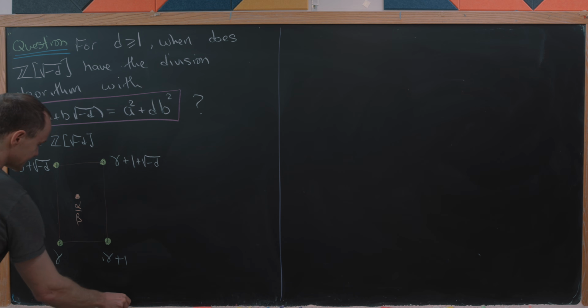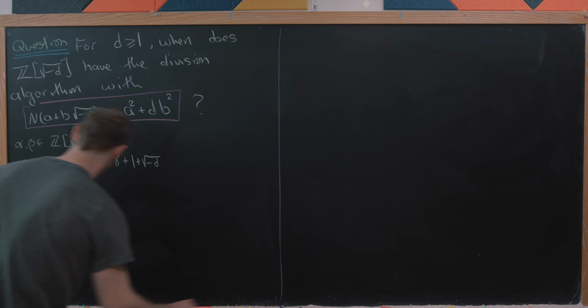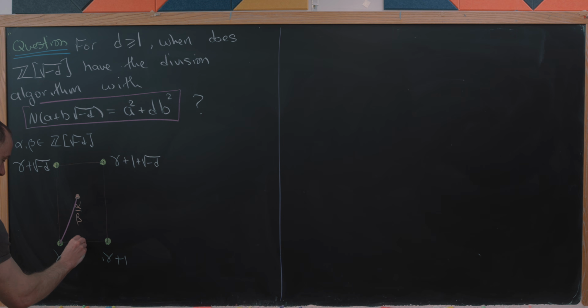Now, since I put this thing right in the center, the measurement to any of these vertices should be the same. So I might as well say that the measurement is going to go to that vertex. But since it's exactly in the middle here, finding this measurement is the same thing as finding the hypotenuse of the following triangle.